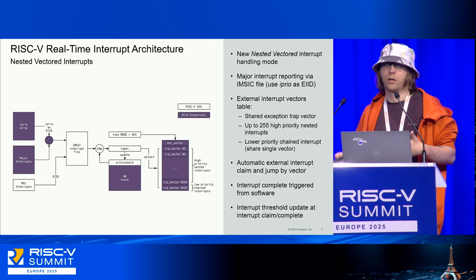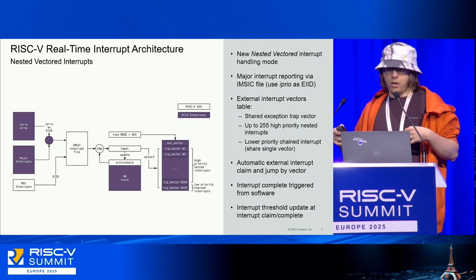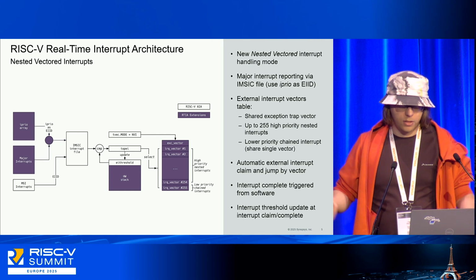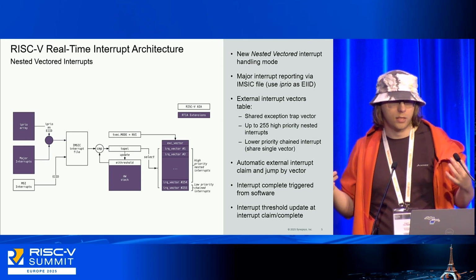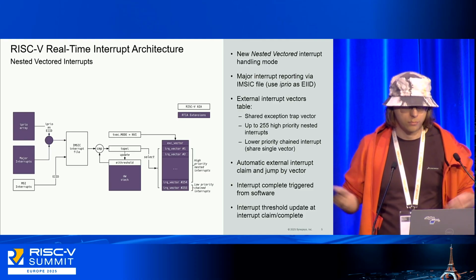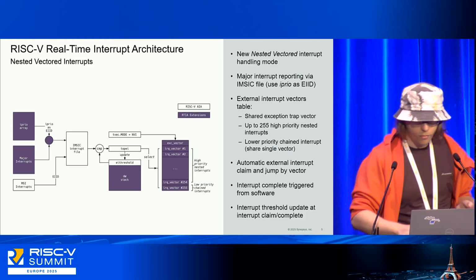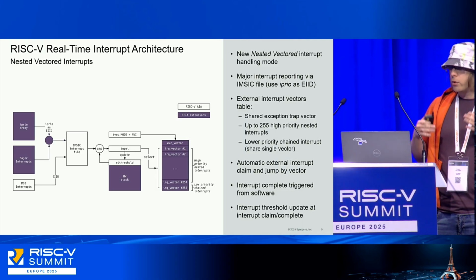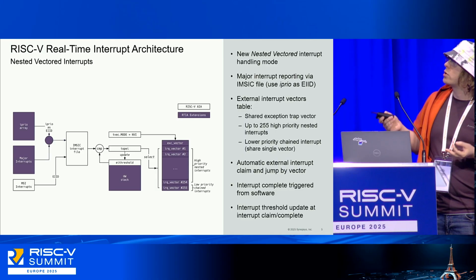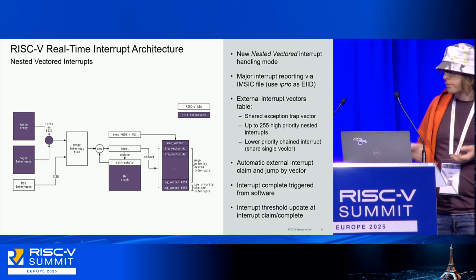After that, we can get a new interrupt with higher priority if it's pending. When the interrupt is processed, software triggers the interrupt threshold update to the previous value. And what's good here, we don't add any new CSR. We just used everything which already existed.